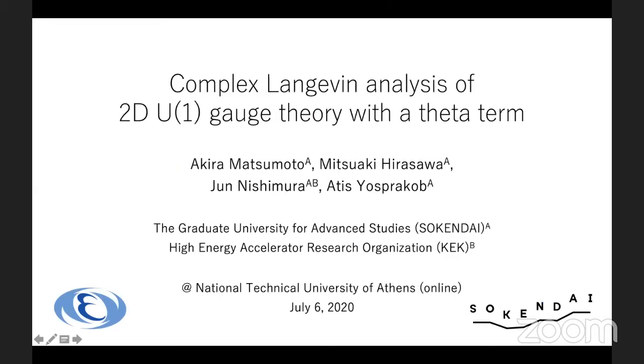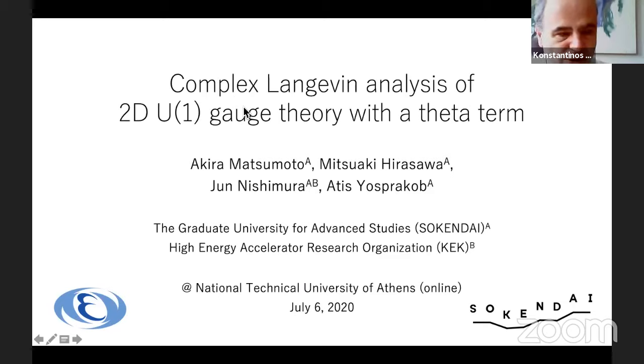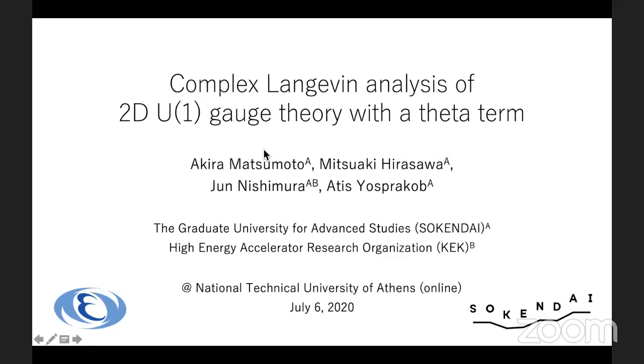If I may ask a question, although the question time is over, if you allow it. Yes, please, of course. Has there been any check of this? This puncture idea is very interesting. Have you checked it with the sigma models, like the O3 sigma models, which can also contain a theta term in the action? We didn't check the other models.